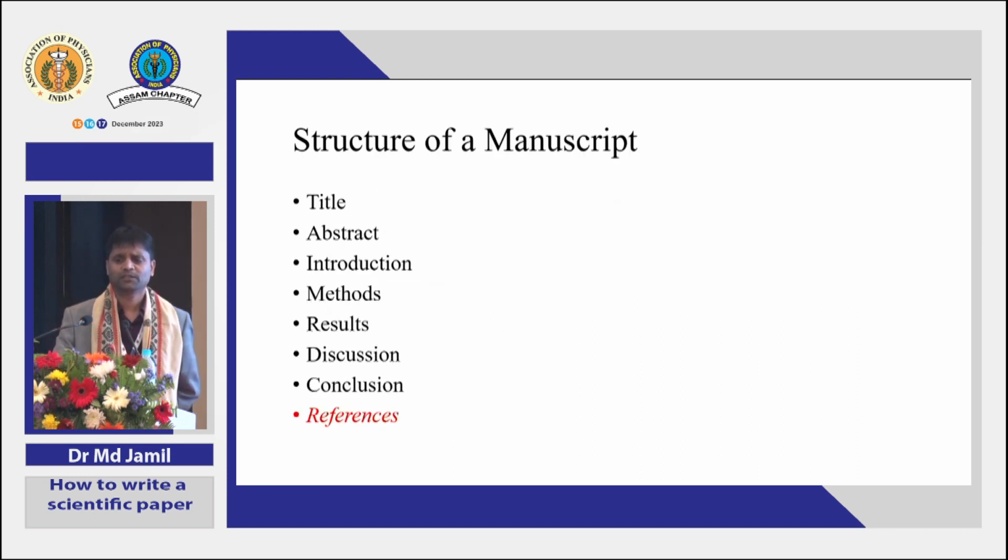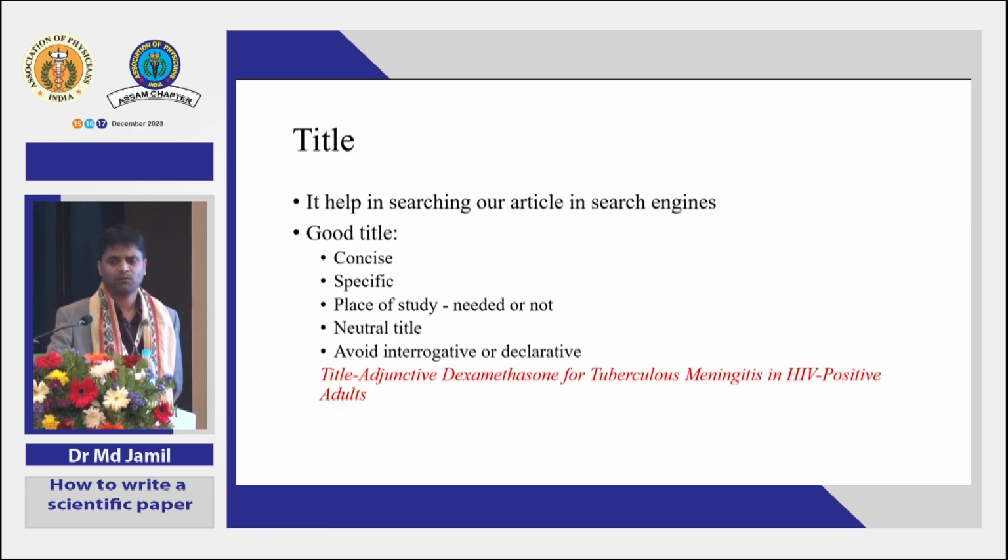So the structure of the manuscript. These are the headings we have to remember: title, abstract, introduction, methods, results, discussion, conclusion, and some journals also include the references as a part of the manuscript. So the title, how we write the titles. We should be very careful in writing the titles because it helps in searching for our articles in the search engine.